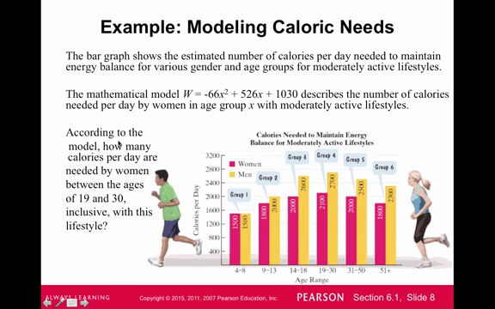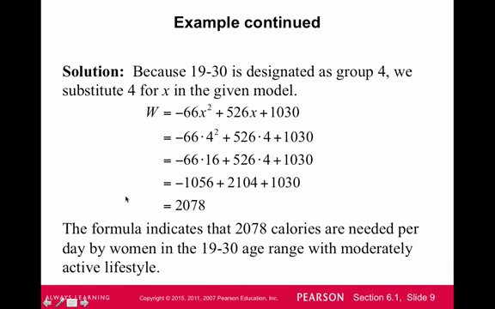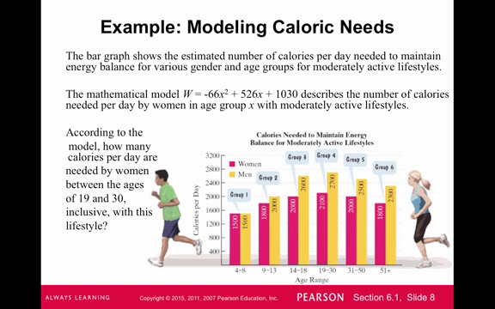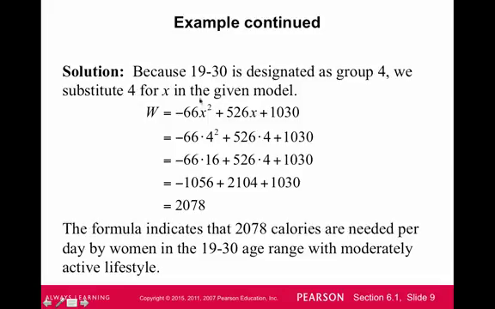According to the model, how many calories per day are needed by women between the ages of 19 and 30 inclusive with this lifestyle? Because 19 to 30 is described as group 4, that's this one right here, we're going to substitute 4 for x into the equation.